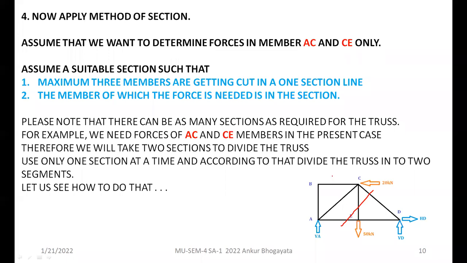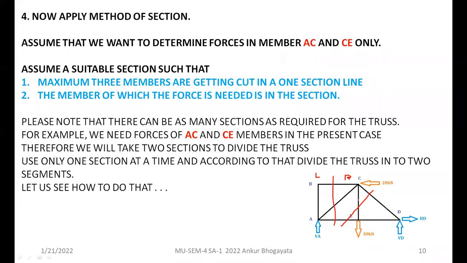Now I want the answer for AC. At that time, I will forget this line and cut the members like this. I will forget about this, and my new section will be the left hand side and right hand side with this option. So you have to remember that once you have used one section, forget about everything when you start with a new section.